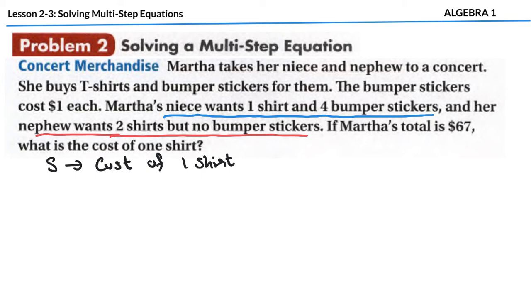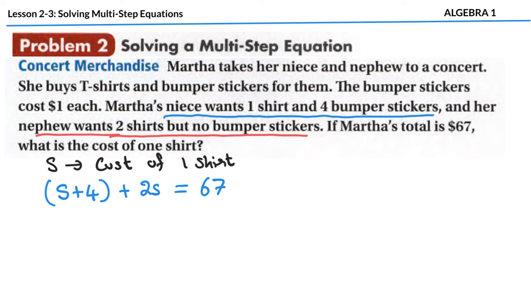And what does the nephew want? He wants 2 shirts and no bumper stickers. So, Martha will buy 2 shirts for the nephew. The total she is going to pay is $67.